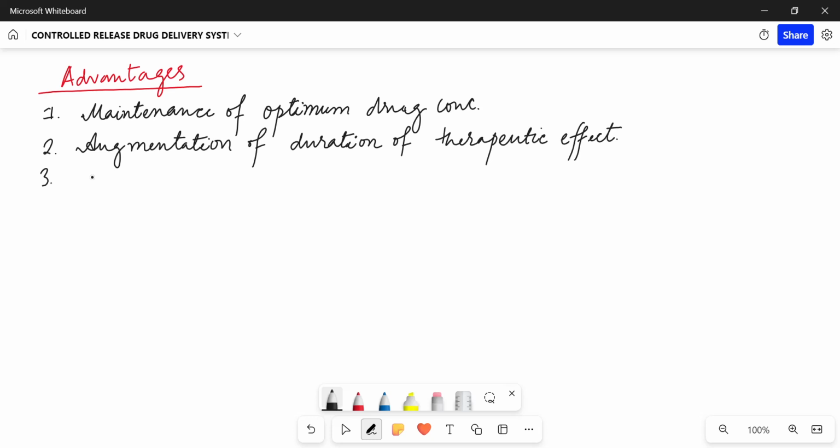Third one is improves treatment efficiency with lesser amount of drug.